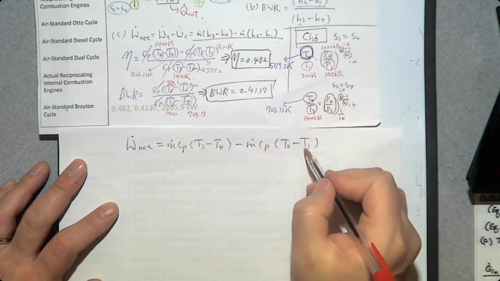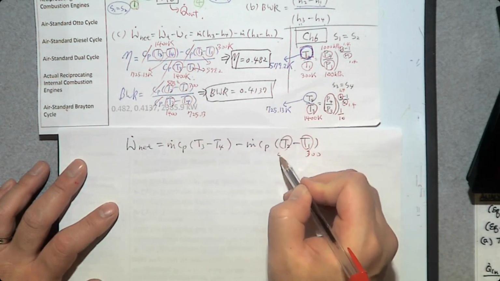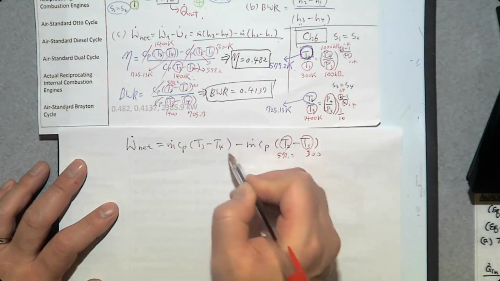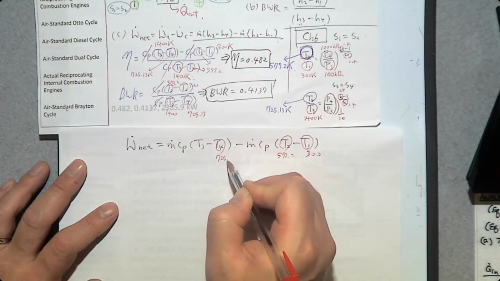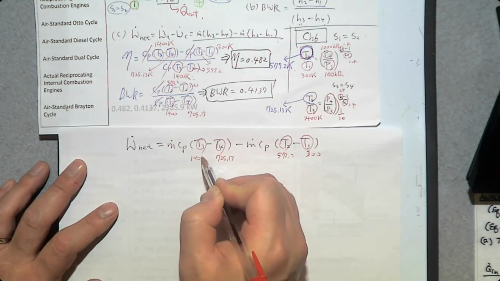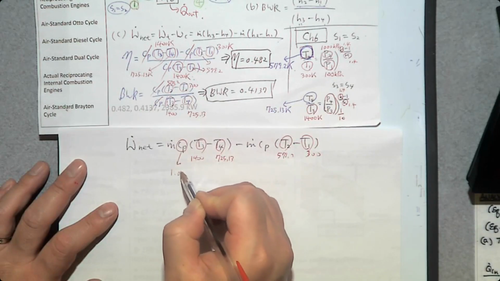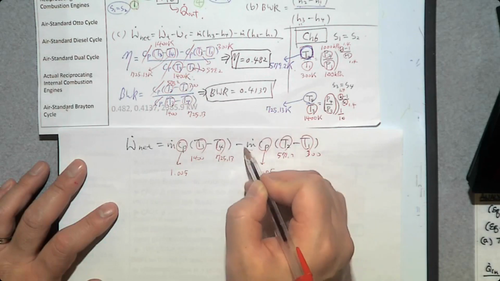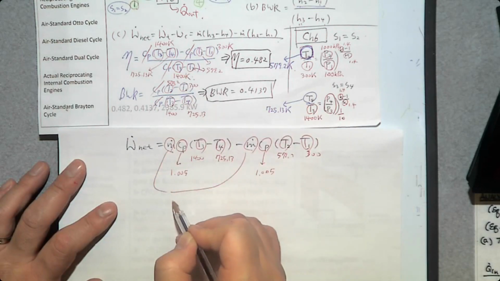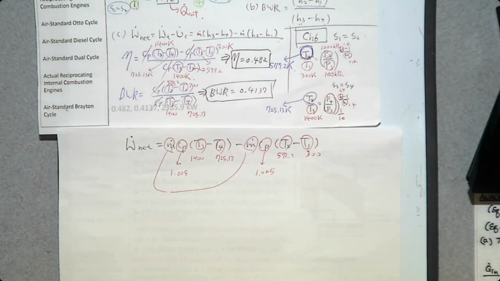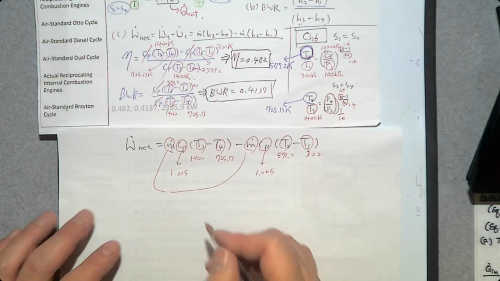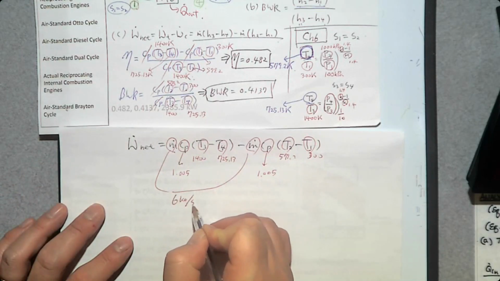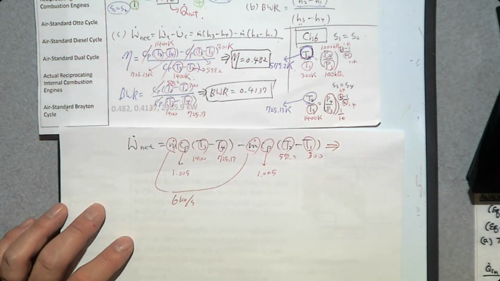We already know T1 300, T2 579.2, T4 725.13, T3 1400. Specific heat, you can find it from a table, 1.005. M dot? Oh, do we know M dot? Oh, 6 kilograms per second. So we have everything. Can you determine the net power developed? Yes.